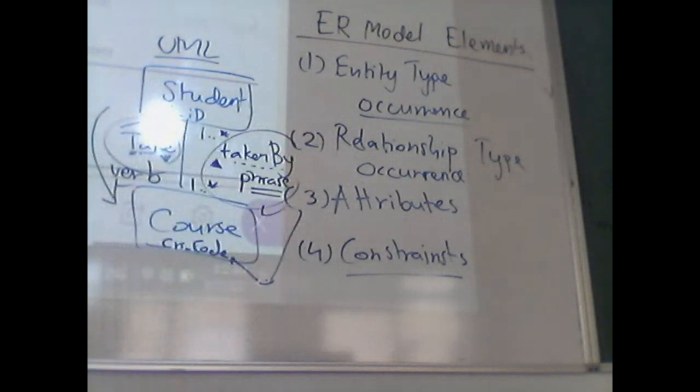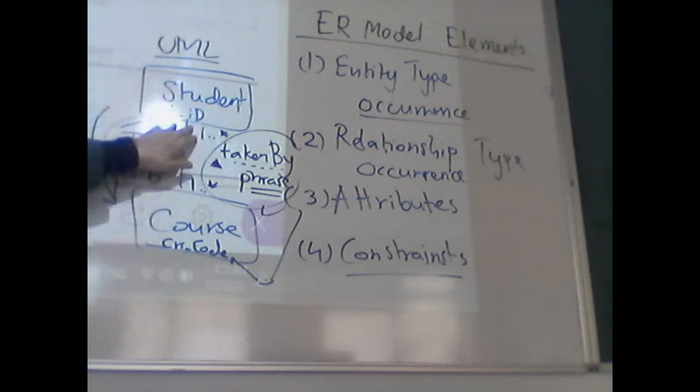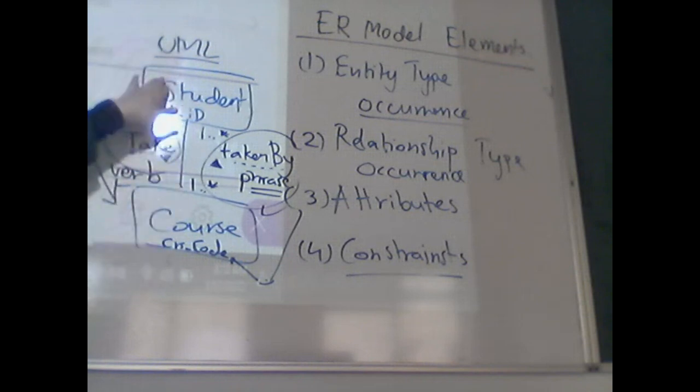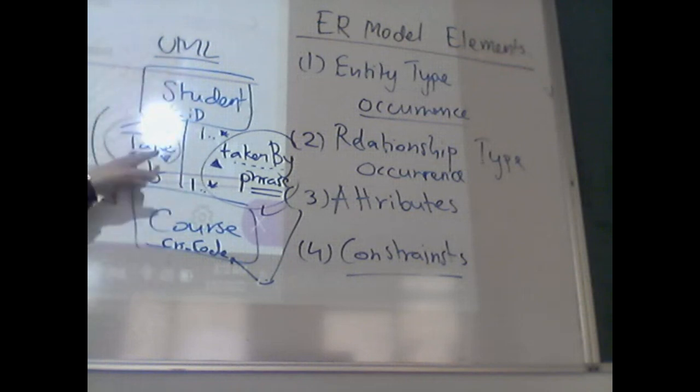Let's talk about the types of relationship. Now, the relationship comes in different types. It depends on the number of participants. Entity types in a relationship can be known as participants. So students are participants in the take relationship.